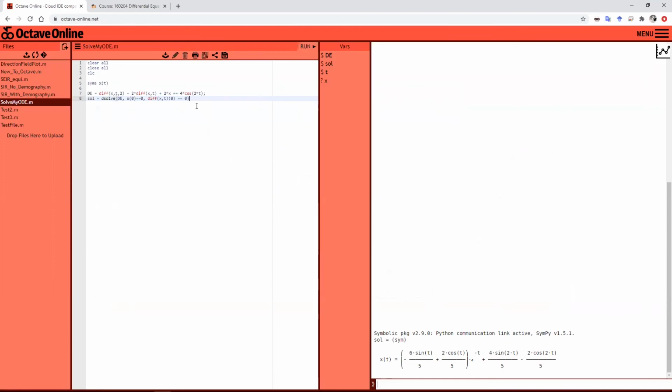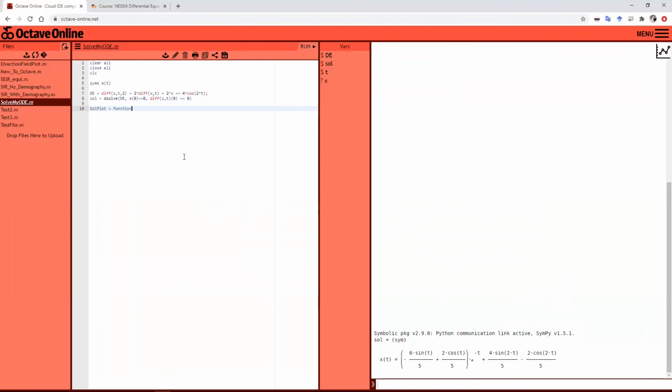But also we might like to plot this, and this is something that's a little bit harder in Octave. This is a symbolic solution here, so what I have to do is take the right-hand side of that solution. I'm going to call this sol plot, so solution to plot.